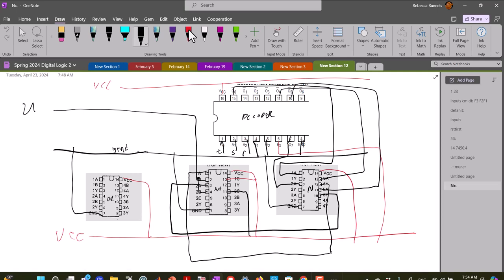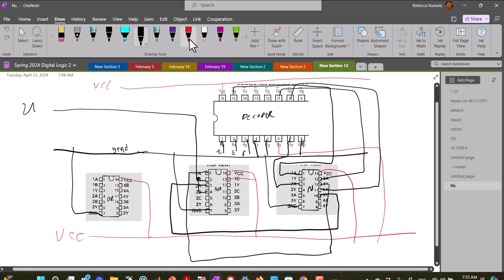So this is the AND of the NOT of the output of 4 and U, and the NOT of the output of 5 and U, and so those are coming out in 1Y and... I got that one.